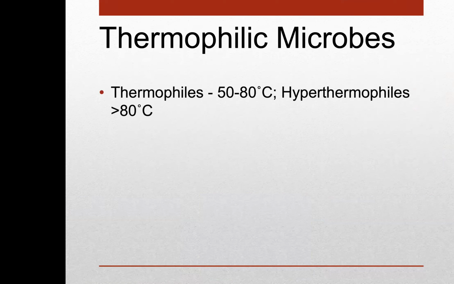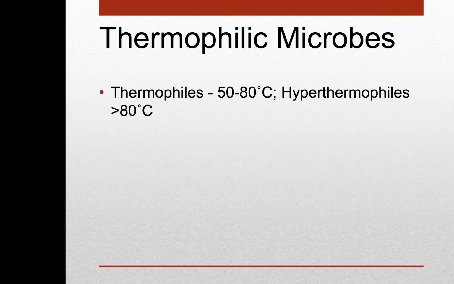So thermophiles that live in these environments, whether it's at a deep sea vent or in a hot spring or wherever, can be categorized by how high they can go and how thermally loving they are. So organisms that grow optimally from 50 to 80 degrees C, again, hot, but not as extreme, are called thermophiles.